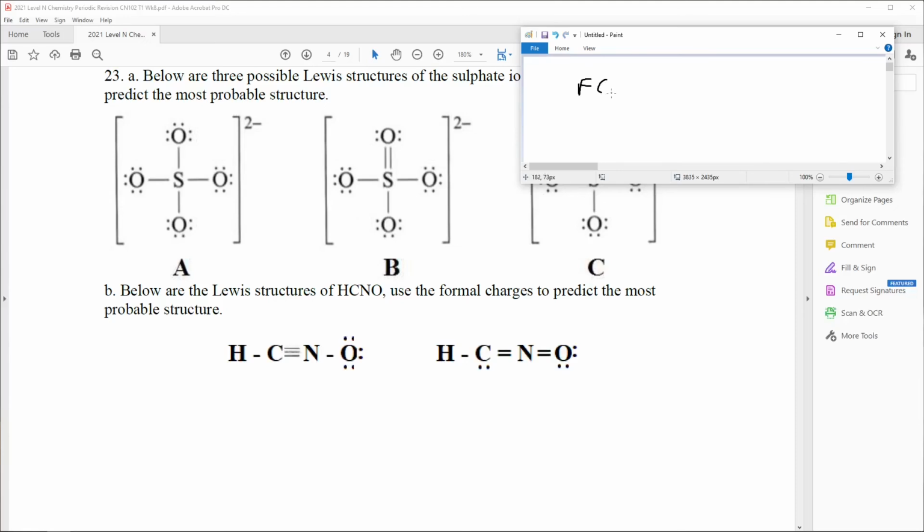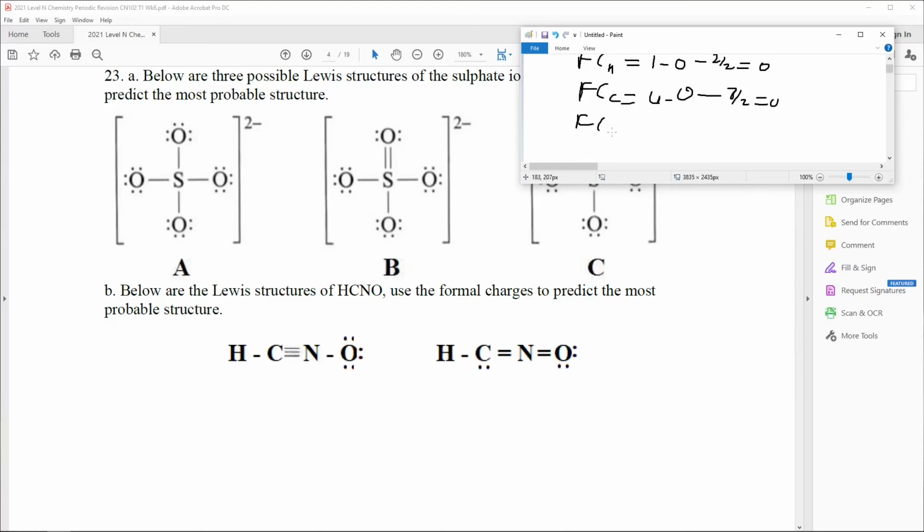Formal charge, in this case you have to do each one. So hydrogen would be 1 minus 0, no lone pairs, minus it has 1 bond, so 2 over 2, so that'll be 0. And then formal charge of the carbon, that will be 4 minus, here you have no lone pairs, so 0, minus you have 4 bonds, so that's 8 over 2, you end up with 0 again.